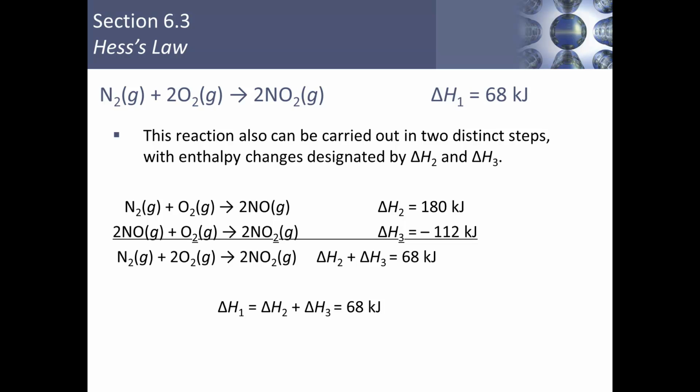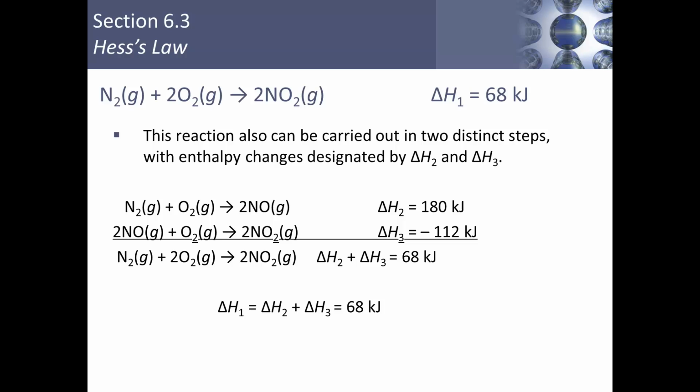If we sum these two reactions up, then we get nitrogen monoxide canceling, and overall we get nitrogen gas combining with two equivalents of oxygen to give 2 moles of nitrogen dioxide. We can add the change in enthalpies up.